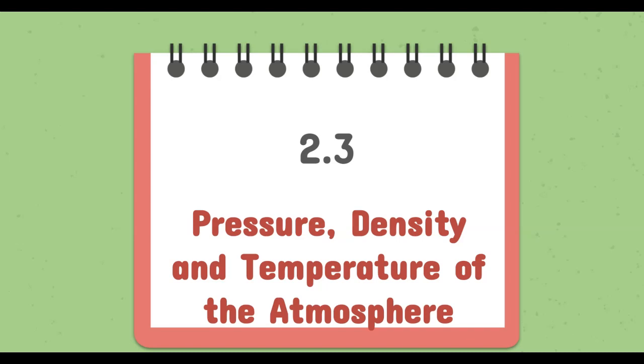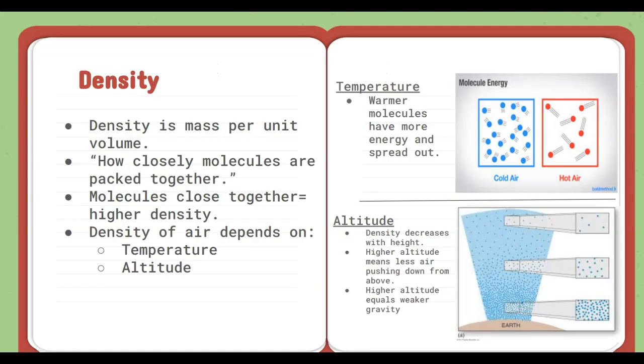Today we are going to be talking about pressure, density, and temperature in Earth's atmosphere. We're going to start off with density. Density can be defined as a mass per unit of volume. In simple terms, density is how closely molecules are packed together.